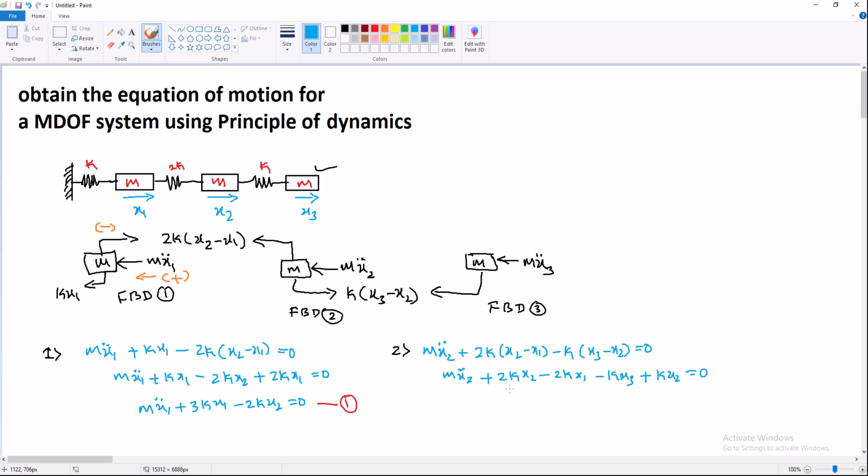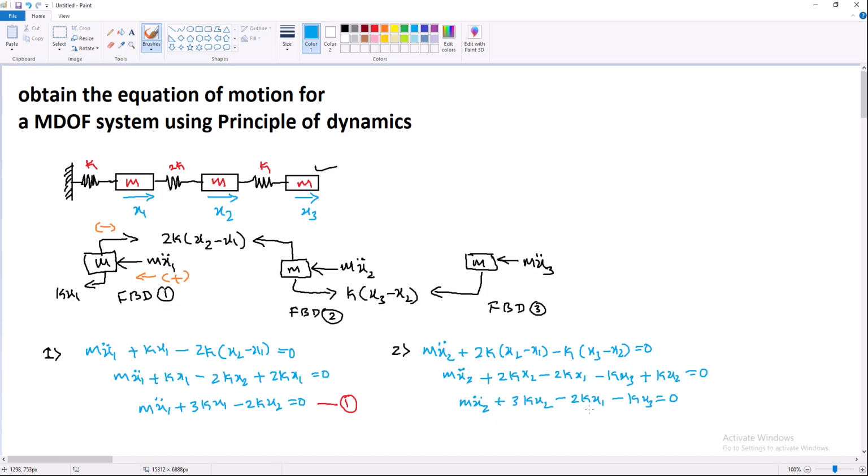So now here I can see 2k x2 is there and k x2 is there, so it will be 3k x2. Minus 2k x1 is there, and we do not have any other x1 value here, and minus k x3 is there, and again we do not have any other x3 values here. So the simplified equation of this second mass: m x2 double dot plus 3k x2 minus 2k x1 minus k x3, which is equal to 0.